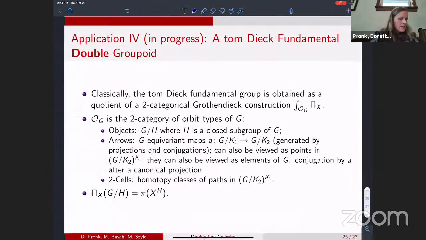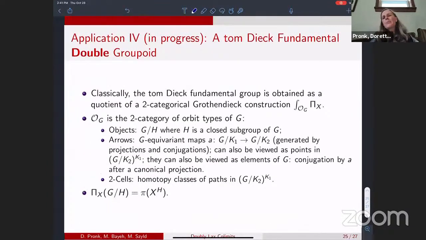Let's see. Okay, I want to say a little bit about our original plan, our reason for starting to study this, which was the Tondi construction for a fundamental groupoid. I just want to give a little bit of background: what is that construction?